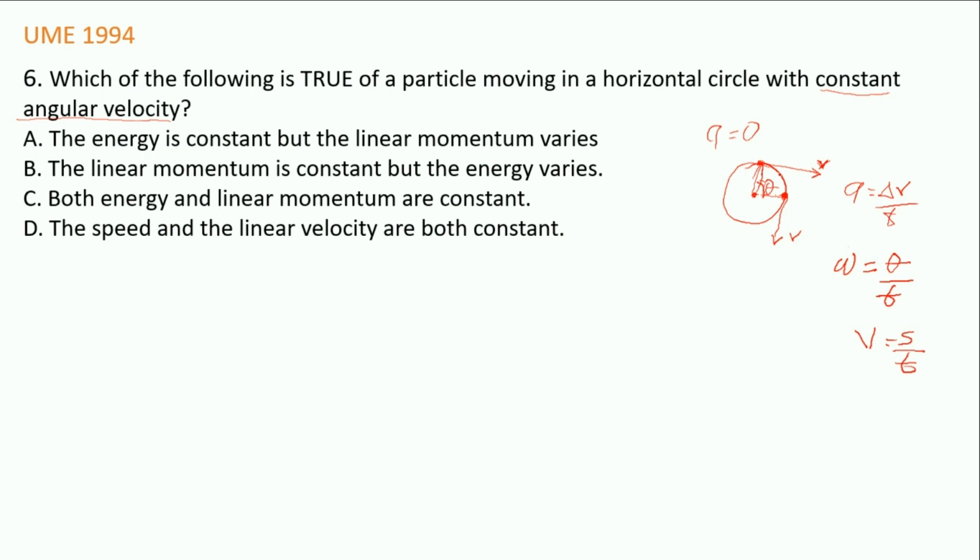Now, I don't usually do much explanation when it comes to solving questions on UTME, but I have to go into this, because it was not until I understood that angular goes with angular while linear goes with linear, and that the relationship between angular and linear is always v = ωr, whereby linear displacement is equal to angular displacement times r, and linear acceleration is equal to angular acceleration times r.